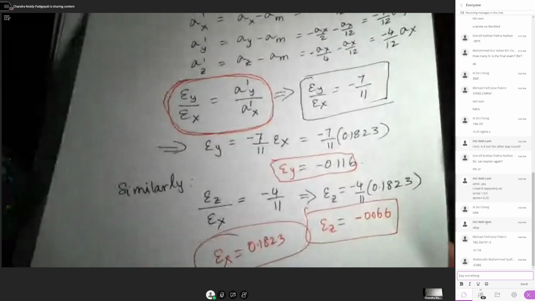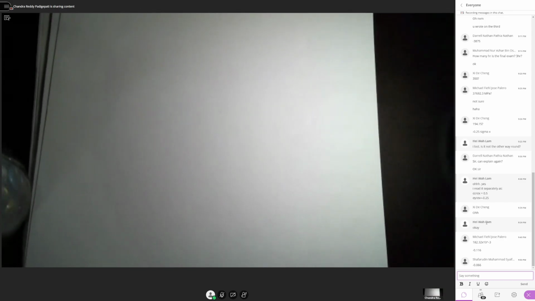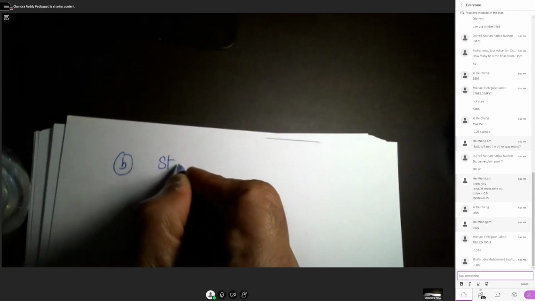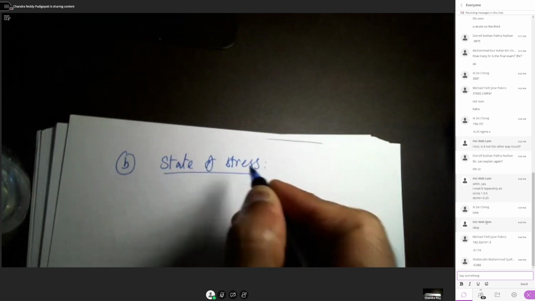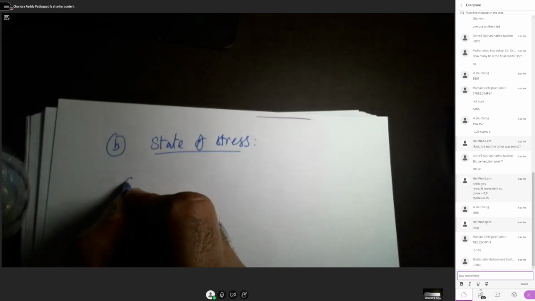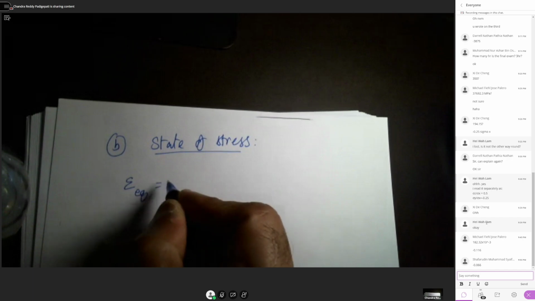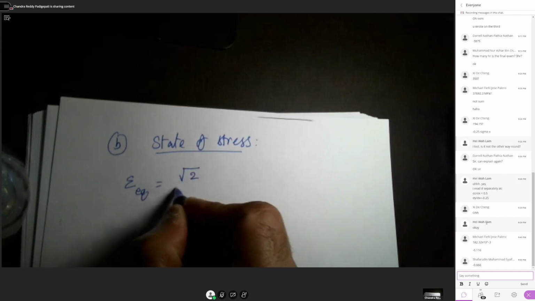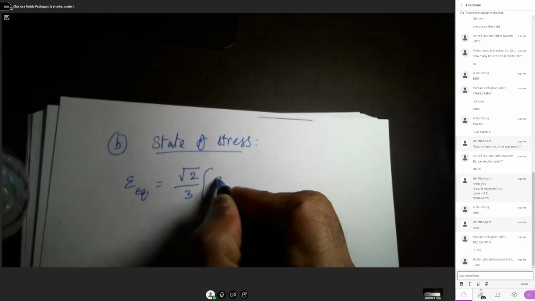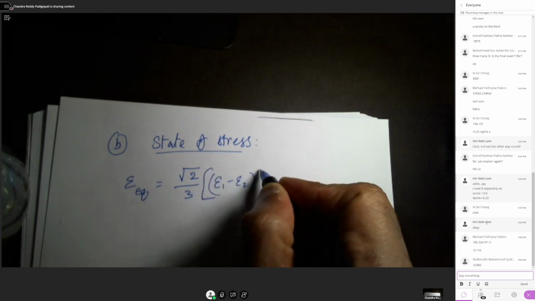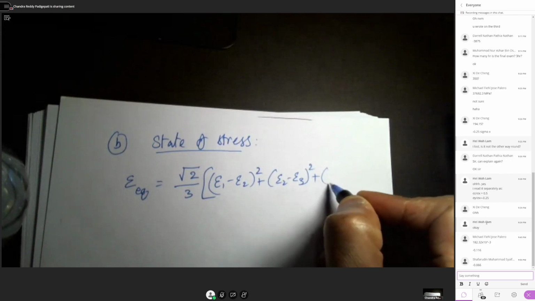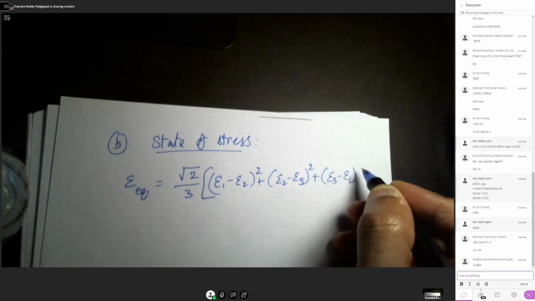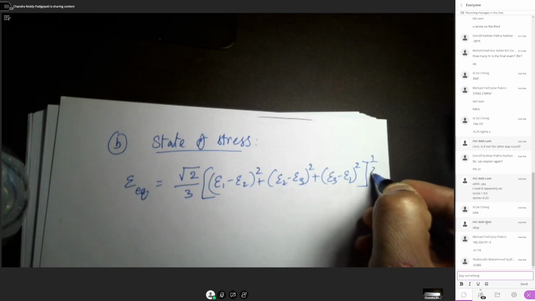So part B is state of stress. To calculate the state of stress, we first calculate the equivalent strain. The formula is root 2 over 3, epsilon 1 minus epsilon 2 whole square plus epsilon 2 minus epsilon 3 whole square plus epsilon 3 minus epsilon 1 whole square, to the power of half.